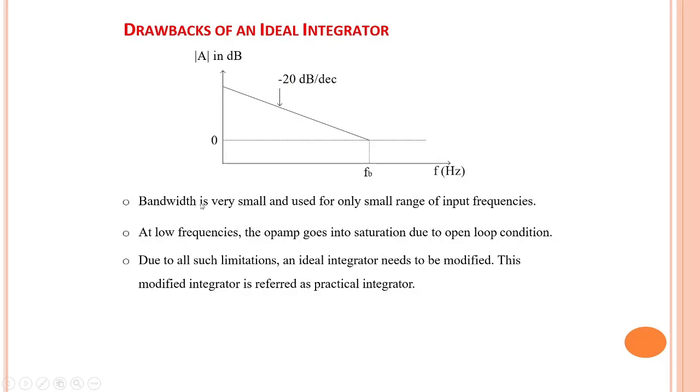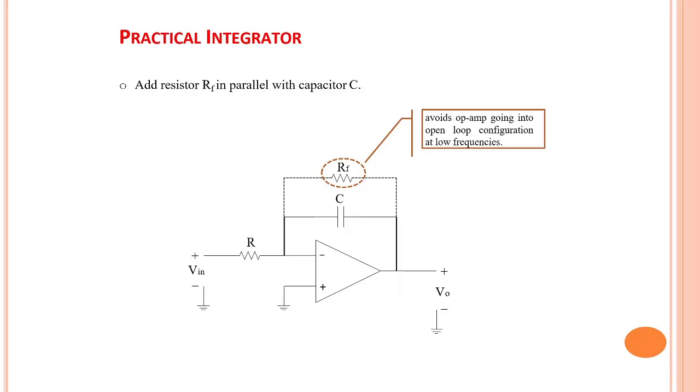There are drawbacks of such an ideal integrator: its bandwidth is very small and it can be used only for a very small range of frequencies. Secondly, at low frequency, as just discussed, the op amp will go into saturation due to the open loop condition.